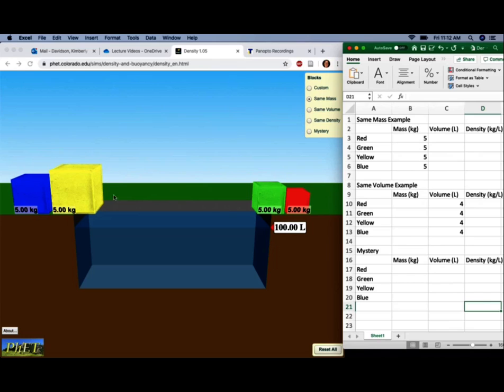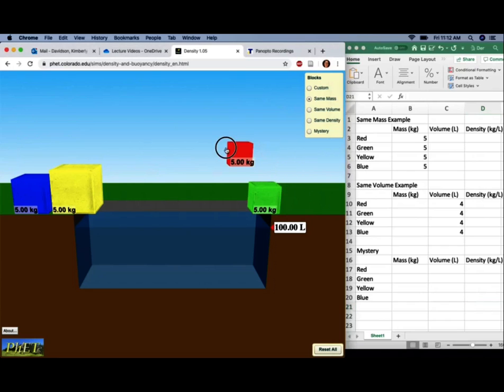Starting with this example, we have, again, 4 different cubes, and they each have the same mass in kilograms. I've put those masses here off to the right. But now let's figure out each of their volumes. Down below we have a pool of water, and the initial volume is 100 liters.